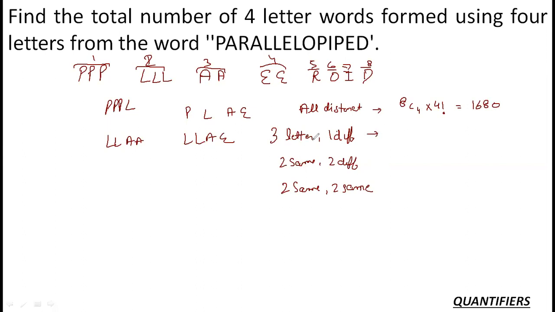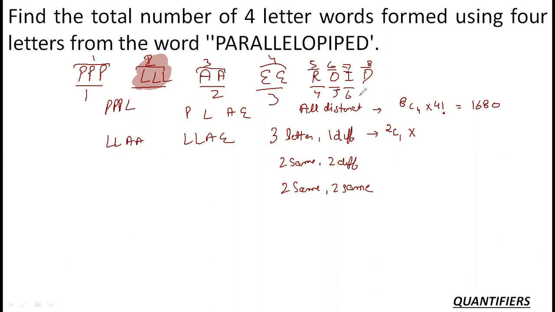Now, three letters same and one different. Three letters same can be chosen in two ways, PPP or LLL. So first I have to choose one pair out of these two. Let's say I chose only one pair, so then 2C1. Let's say I have chosen LLL, which means that this is now gone. Now I have to choose one alphabet more, and that can be chosen from 1, 2, 3, 4, 5, 6, and 7.